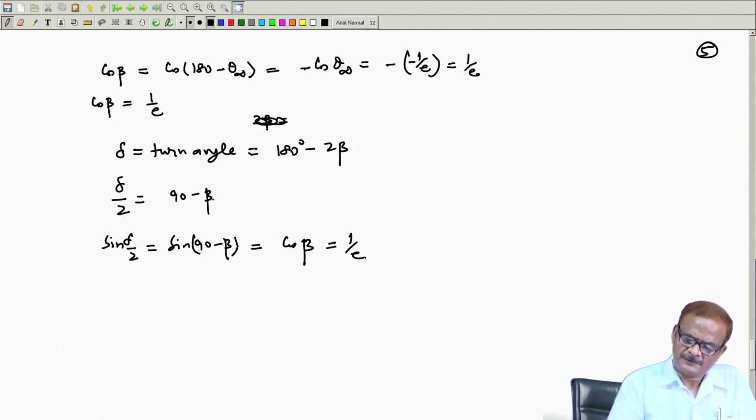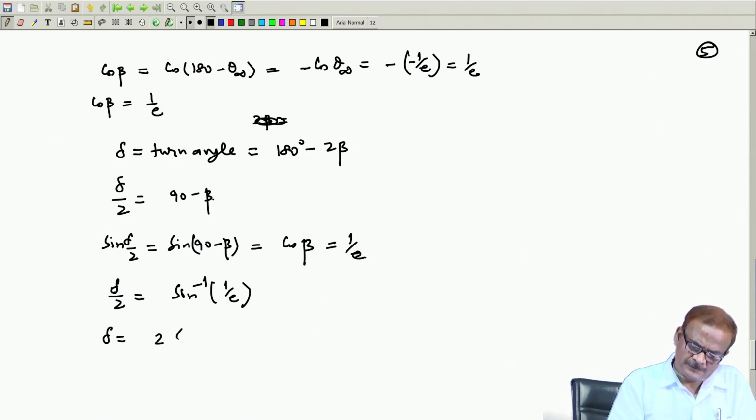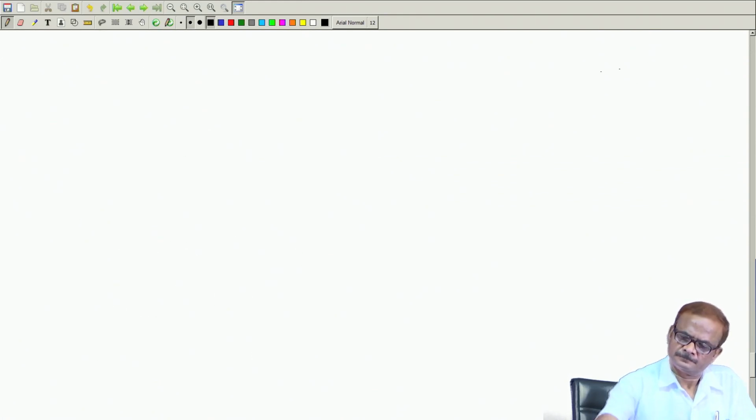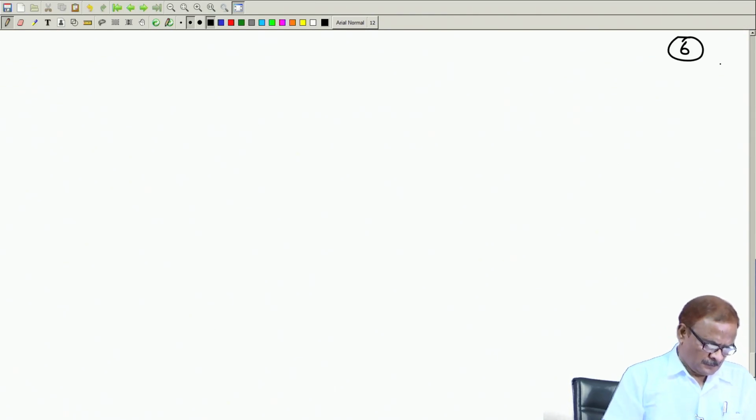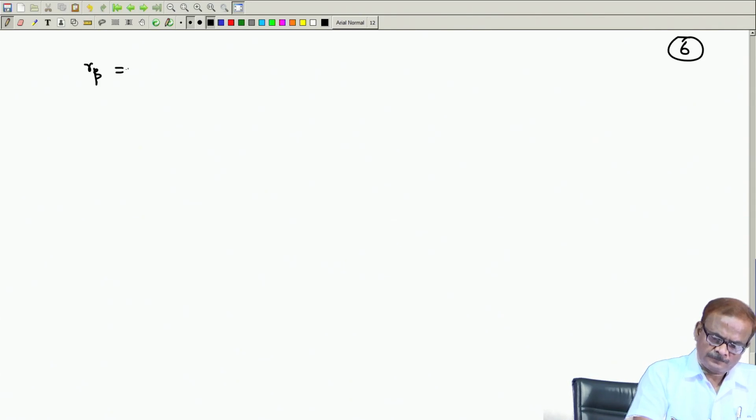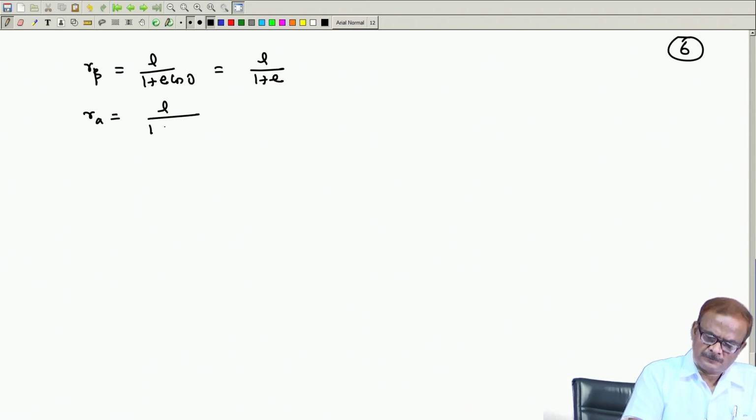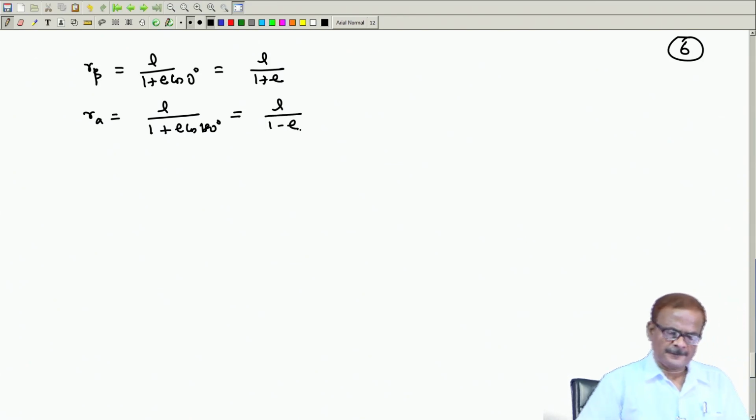Cos beta equals 1 by e as derived above, and therefore delta by 2 is sin inverse of 1 by e, or delta equals 2 sin inverse of 1 by e. So these are the expressions for r perigee and r apogee.